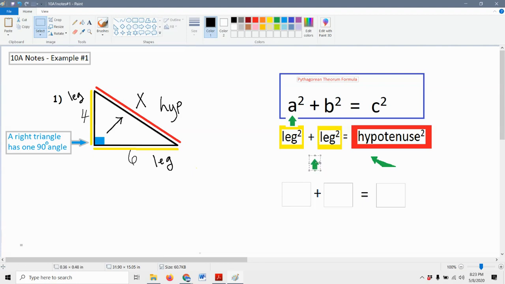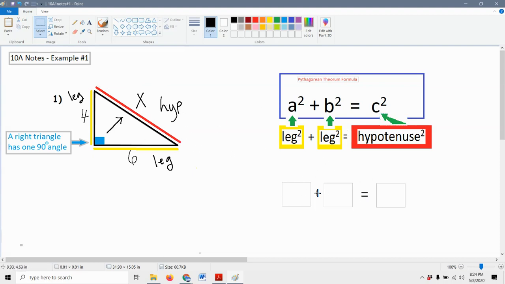Really, really important, guys. And remember, these terms are squared in the formula. Now, c squared is always our hypotenuse, so c squared always has to be the value of that long diagonal side.